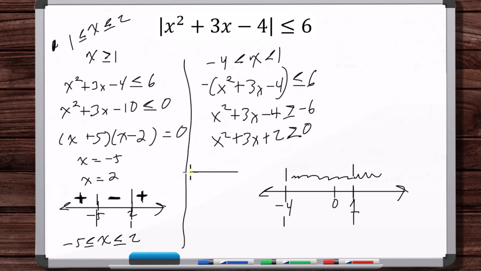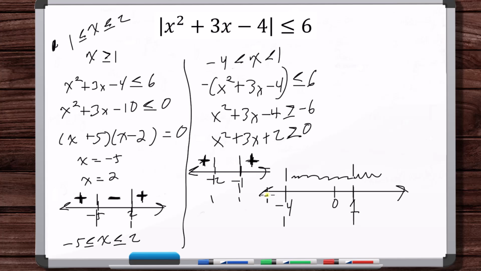Okay, so x is negative 2, x is negative 1. Okay, if we plug in 0, we see it's positive over here. If we plug in negative 3, we see we've got 9 minus 9 plus 2. It's going to be positive over here.